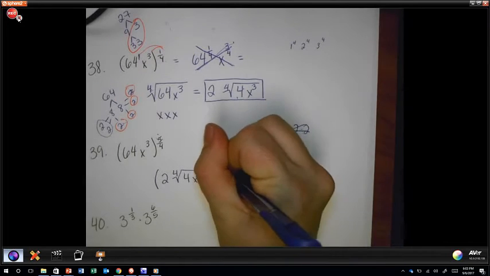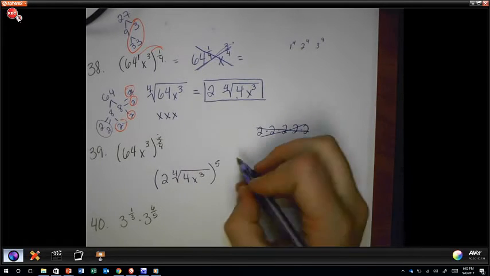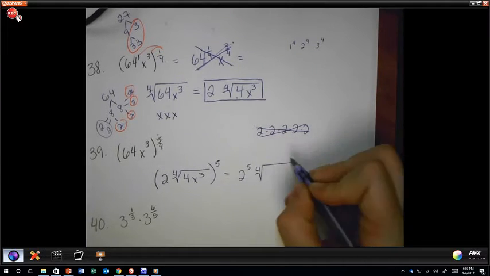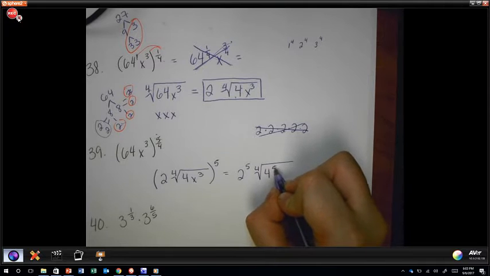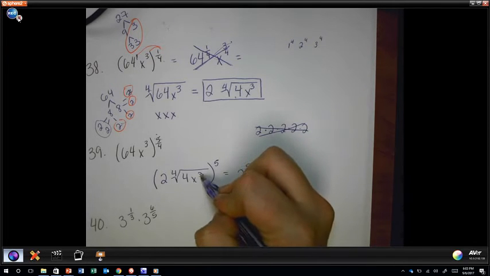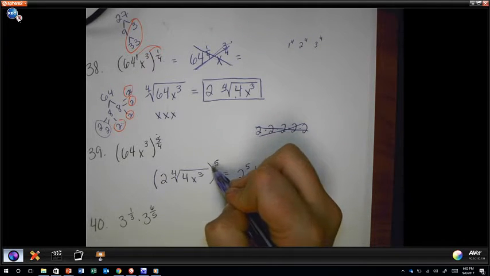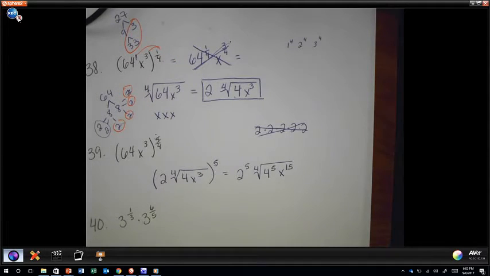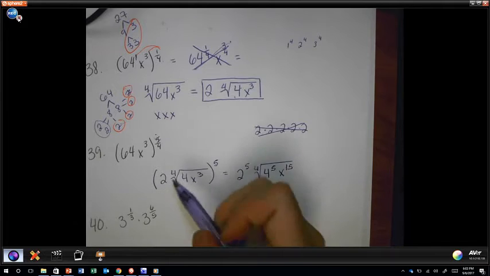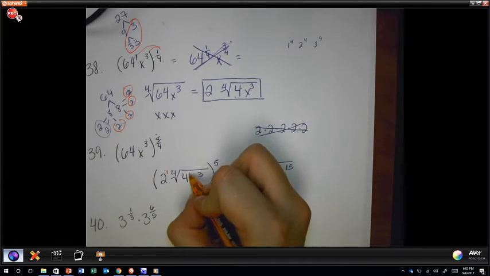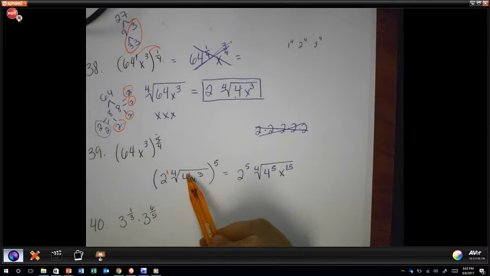So if I raise it to that power, that means I have 2 to the 5th, the 4th root of 4 to the 5th, and x to the 3rd to the 5th, which means I multiply my exponents. So all I did was multiply my 5 by each of my exponents, 1, 1, and 3.